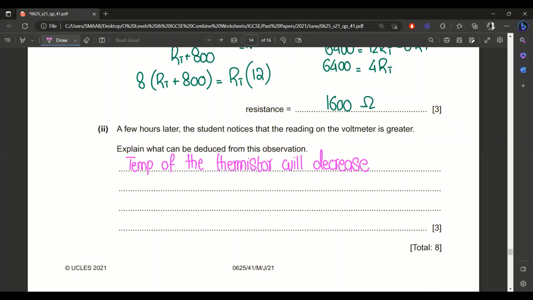And if the temperature of the thermistor decreases, the voltage will decrease, plus resistance will also decrease, right? So voltage and resistance both will decrease.